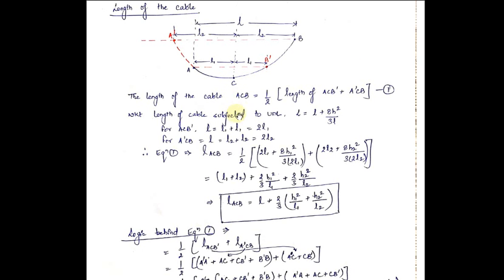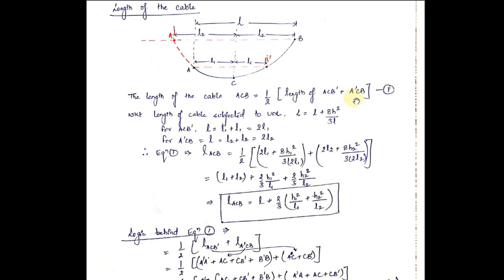Now we have already derived the formula of length of the cable subjected to UDL when the supports are at the same level. For part ACB dash, the supports are at the same levels, so I can apply this formula. For ACB dash, this L is equal to L1 plus L1, so you will get 2L1.